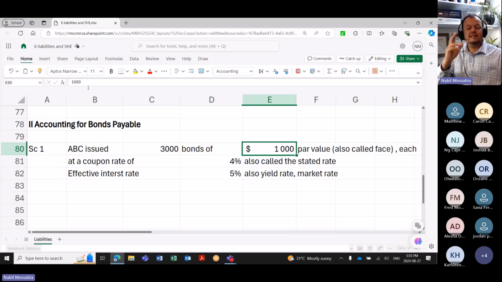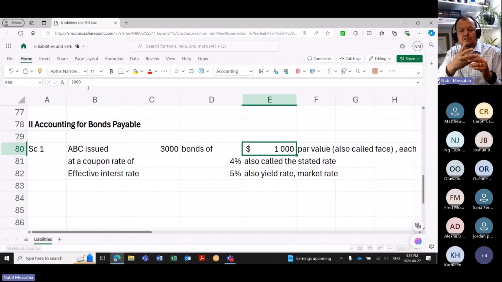So that is the usefulness of the par value. Two uses. First of all, it is the basis for the calculation of the payable interest. And the other use is that it is the amount that is going to be paid back at the maturity date.